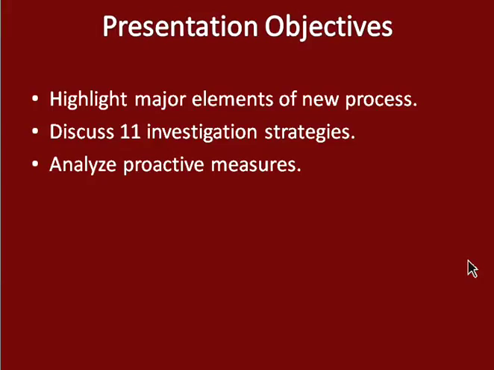And finally, throughout today's discussion, we're going to talk about proactive measures that you can use to better align your institution's policies and procedures, so that if you do get into the major enforcement process, you're better prepared to deal with the procedures of the new process, including some of the tactics that the enforcement staff will use in this new process.